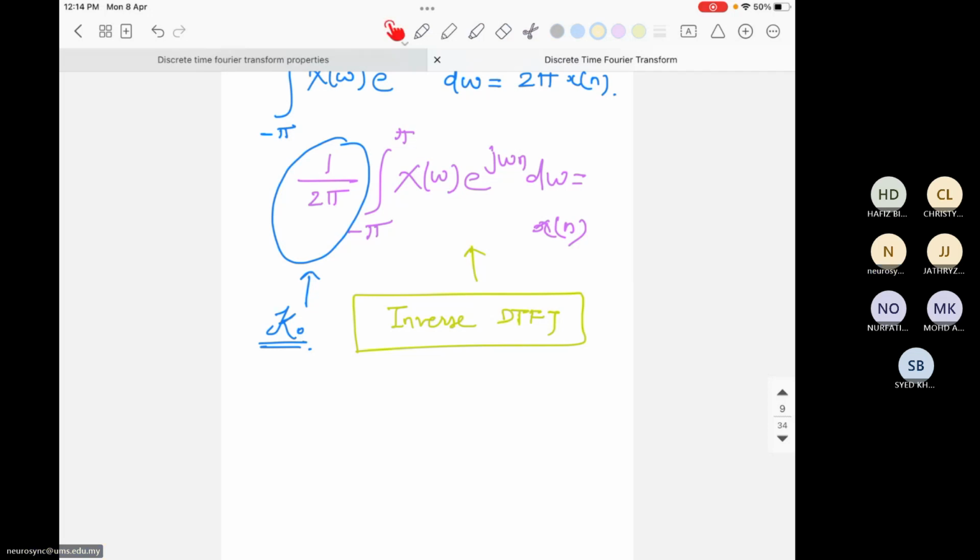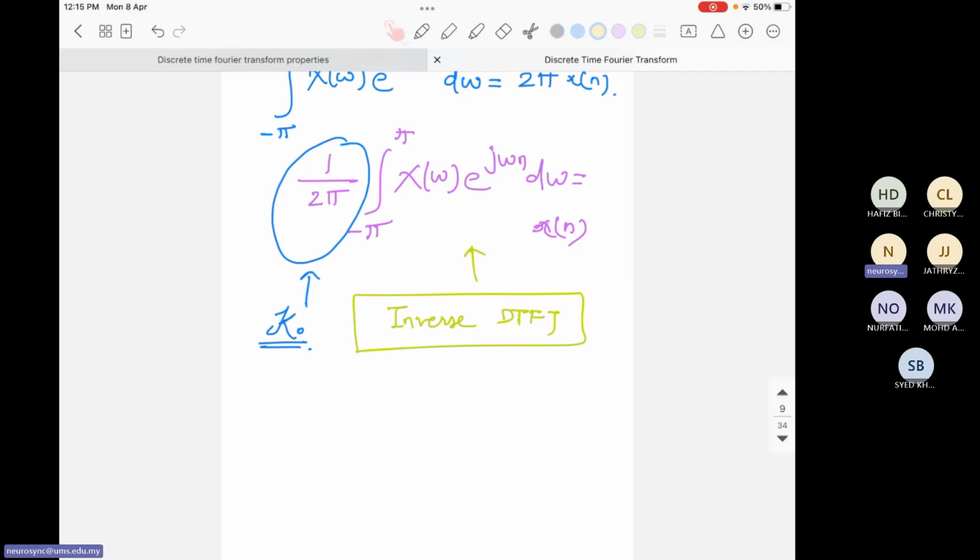But vice versa is not always true for the system, because there are some sequences which do not have the discrete time Fourier transform.